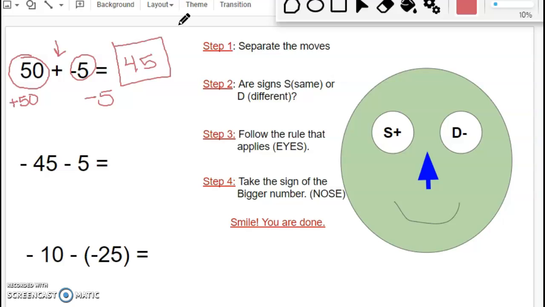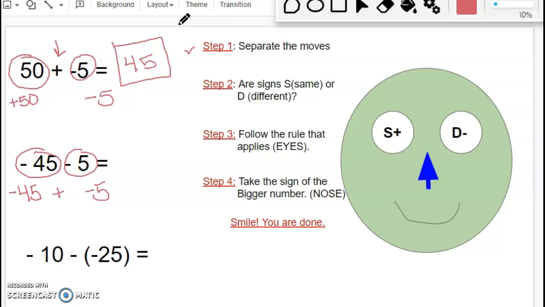Let's try the next one. Now this doesn't have a followed by sign, so you may want to rewrite this. Our first move, when I speak about moves, remember we're talking about on the number line, right? You'd be going to the left, 45. And now followed by our next move, which would be to the left, 5 again. So we separated the moves, this is step 1. Now we're going to ask, are the signs the same or different?